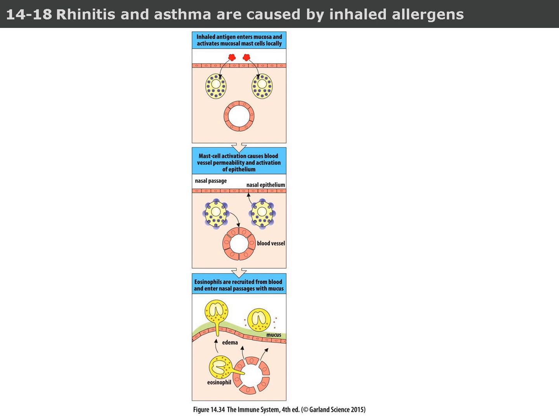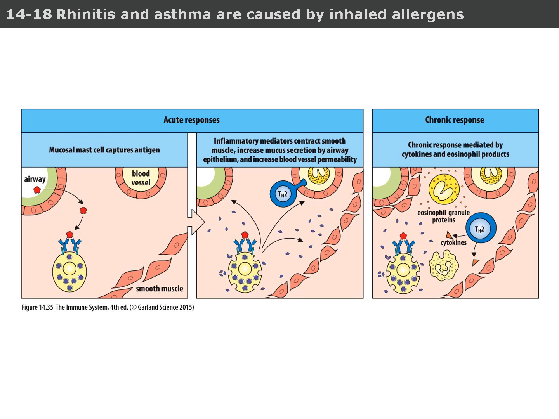These eosinophils migrate into the nasal passages, where they contribute to tissue edema and mucus production, ultimately causing symptoms of allergic rhinitis or asthma.